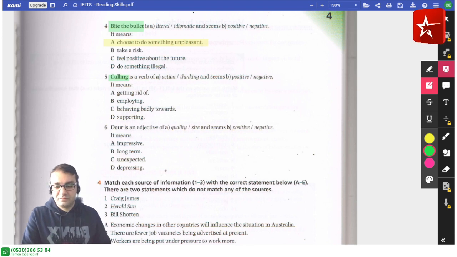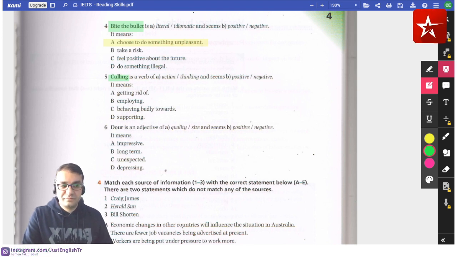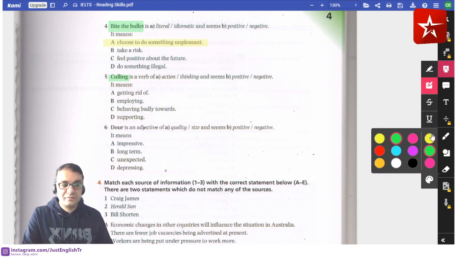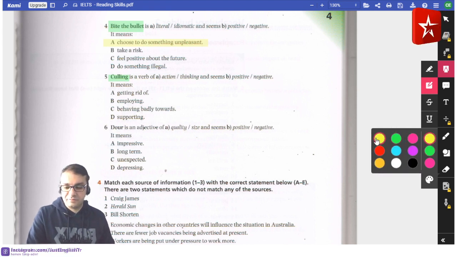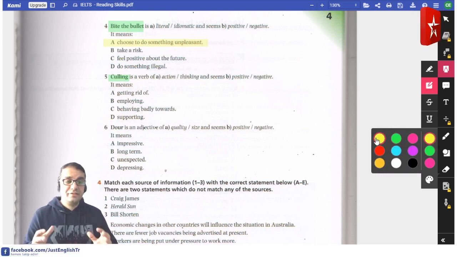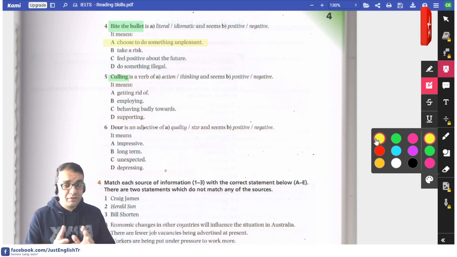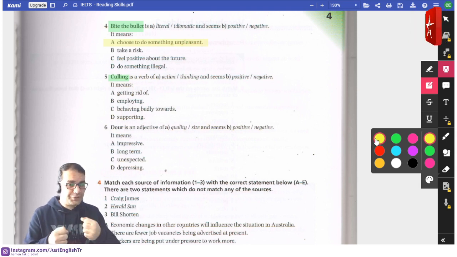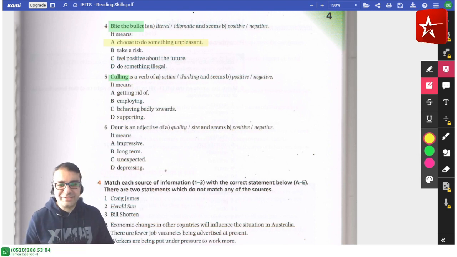Exactly, Chenner. It's negative. So, this one is negative. Now, this is an action, and this is negative. Which one is the answer? You already have all the clues to find the answer. Which one is the answer?